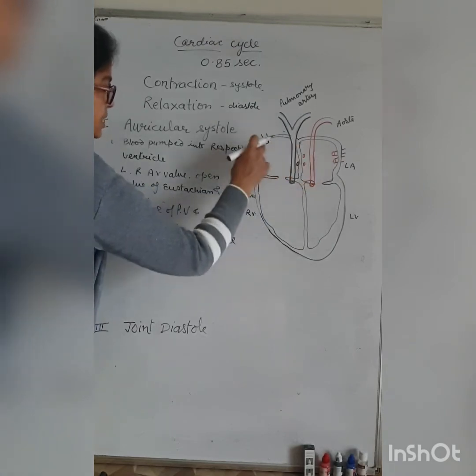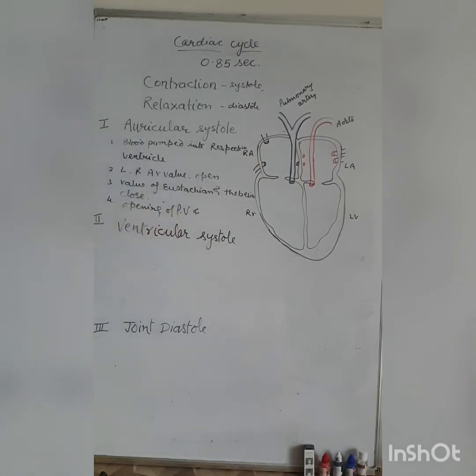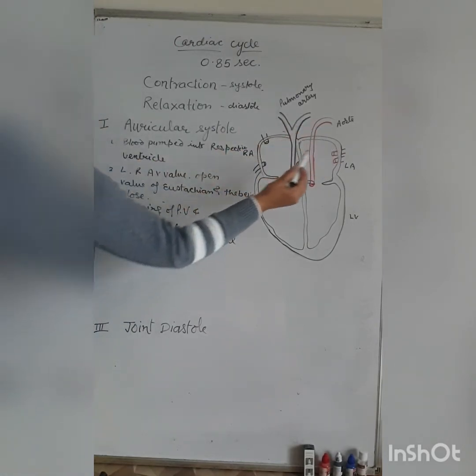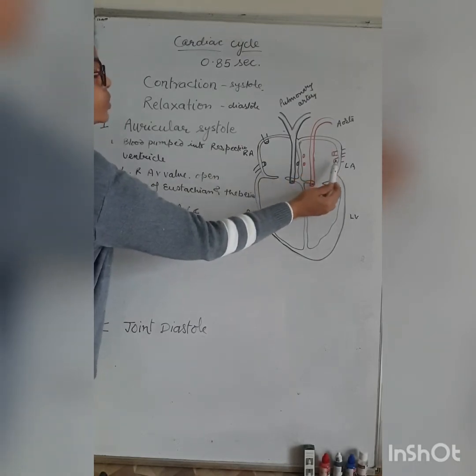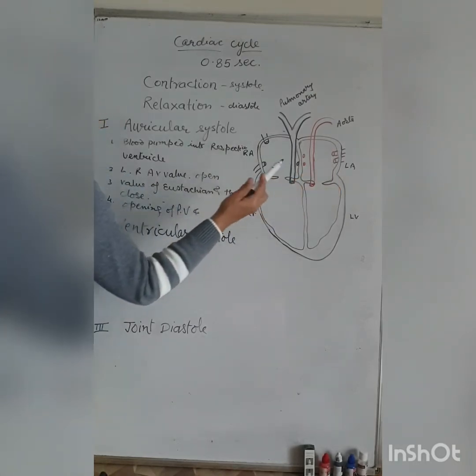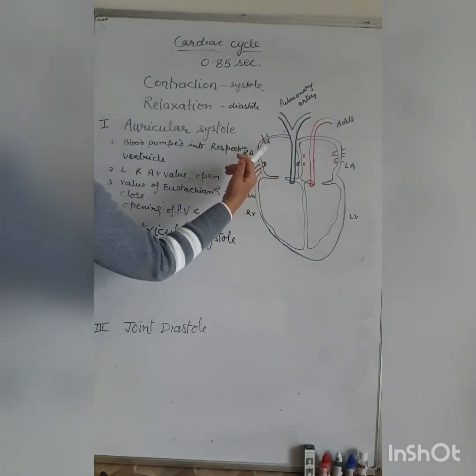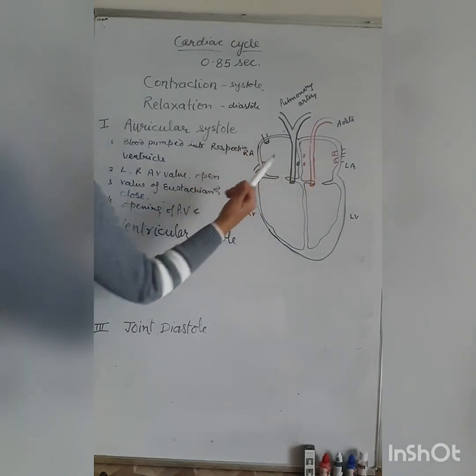I already discussed that these blood vessels do not contain a valve. As the auricle contracts, they close by themselves. For example, this is the pulmonary artery, superior vena cava and pulmonary vein.